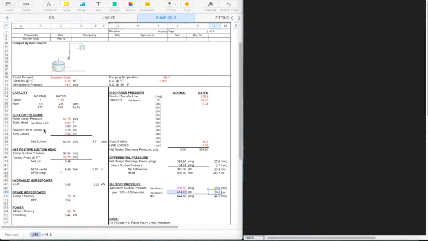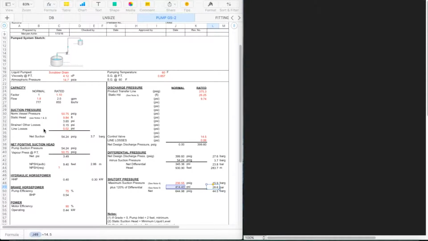Next step is to calculate suction pressure. Why do we want to calculate suction pressure? Because the terms that are important for us to calculate today include differential pressure. Differential pressure is nothing but the difference between discharge pressure and suction pressure.